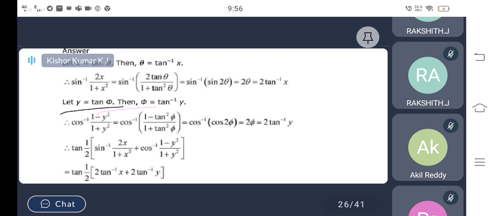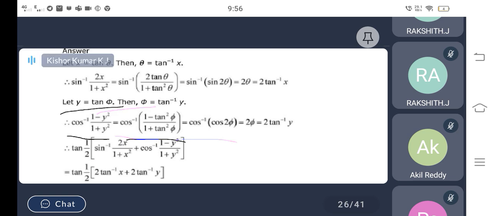Now consider the second part, cos inverse of 1 minus y square divided by 1 plus y square. Replacing y, we have cos inverse of 1 minus tan square phi divided by 1 plus tan square phi.